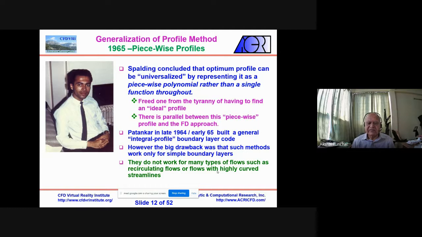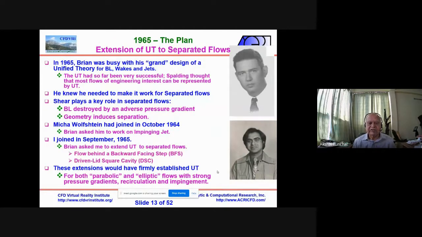So in late '64 and '65, Patankar developed an integral profile boundary layer code, which was a nice breakthrough to solve the boundary layer problem. The problem was that this approach of a profile, as I said, did not work for recirculating flows or flows with highly curved streamlines. So myself and Micha Wolfstein were the other two students working at the same time with Brian Spalding.